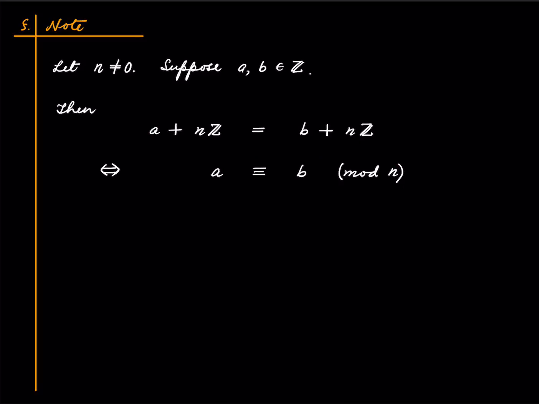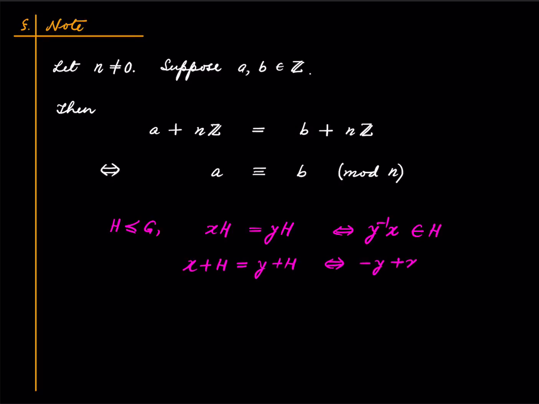Because recall, in the last to last lecture, I don't remember, we discussed this fact that if H is a subgroup of G and XH is YH for some elements X and Y in the parent group G, this happens if and only if Y inverse X belongs to H. If G were abelian, this would have been written in this fashion: X plus H equals Y plus H if and only if minus Y plus X is in H, which is the same as saying X minus Y is in H.